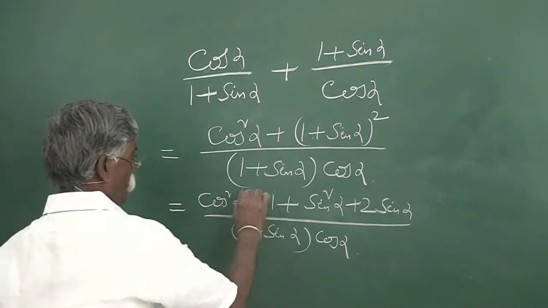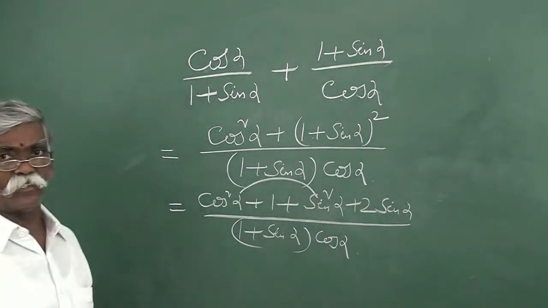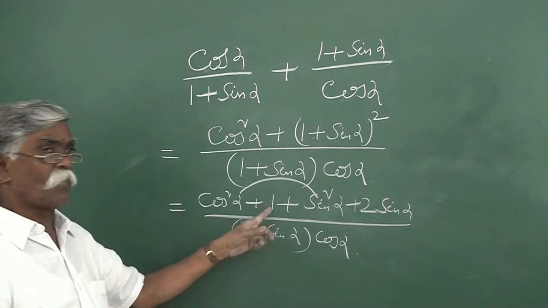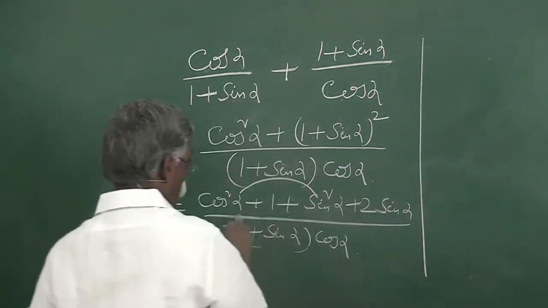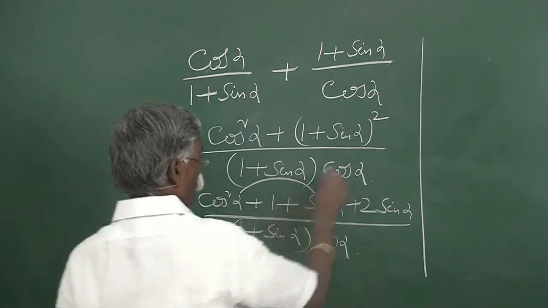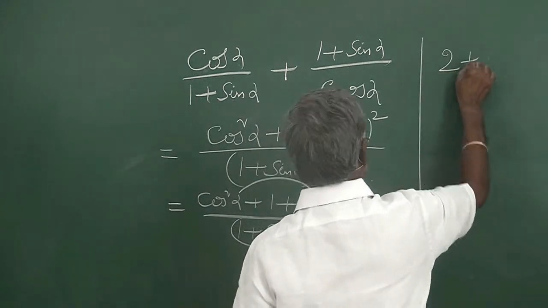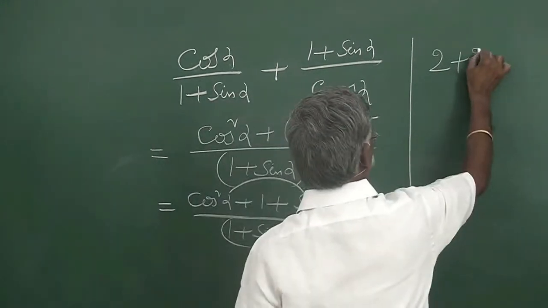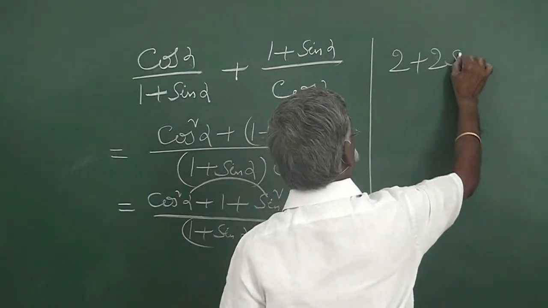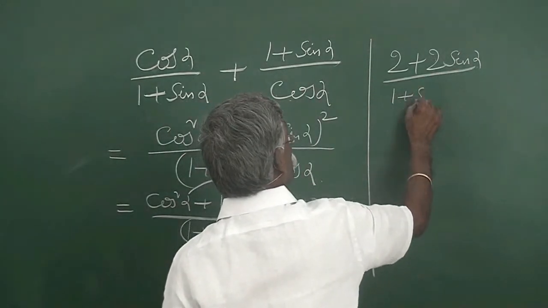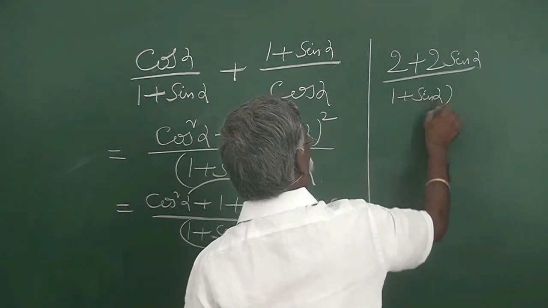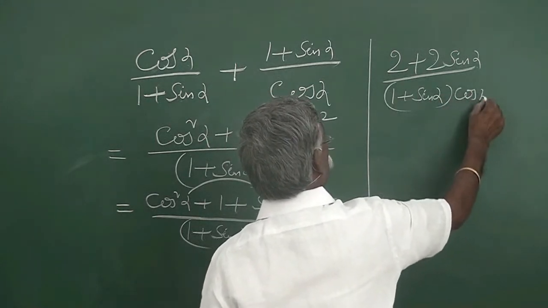Now here cos square alpha plus sin square alpha is 1. And 1 plus 1 is 2. Therefore, cos square alpha plus sin square alpha, 1 plus 1, 2, plus this is 2 sin alpha, and the denominator is 1 plus sin alpha into cos alpha.